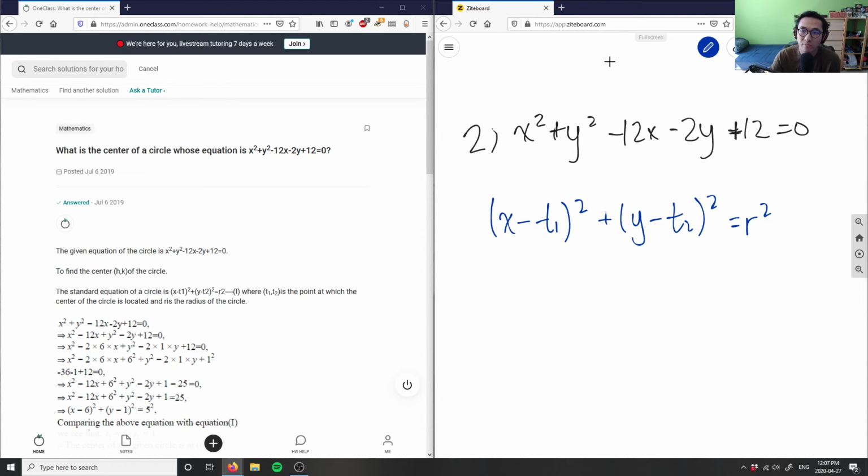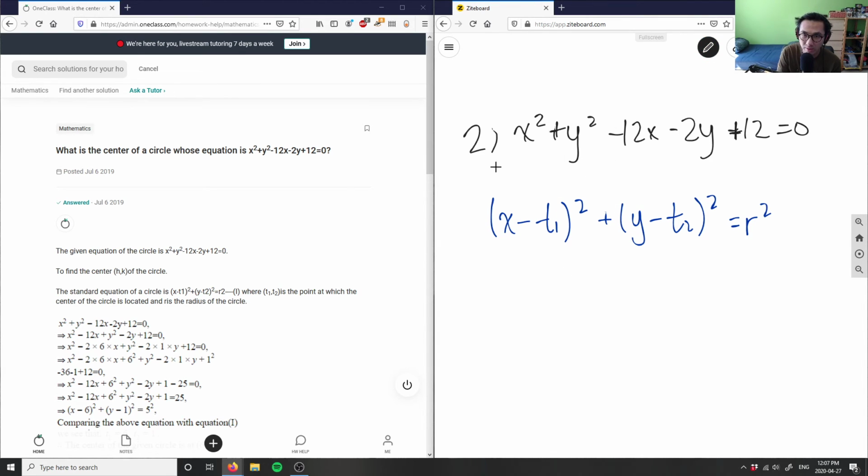So we have these two terms here, and we're trying to factor out all of these. We're going to collect like terms and figure out how to get to this form.